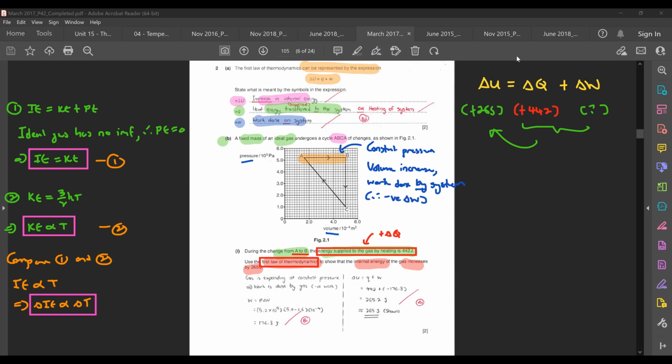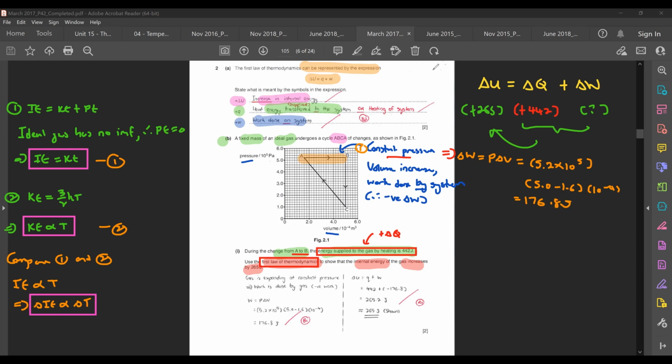So the constant pressure case would tell you that your work done is actually pressure times change in volume. This is fact number one. If you want to find your work done, your delta W is pressure times change in volume, which in your case is 5.2 times 10 power 5 as the pressure, and then your volume is 5.0 minus 1.6 times 10 power minus 4, giving you a value of 176.8 joules.